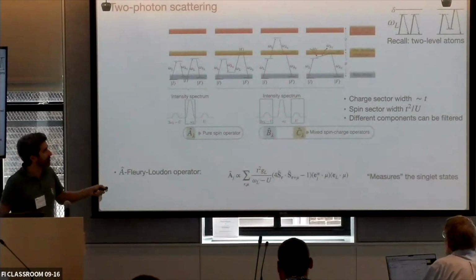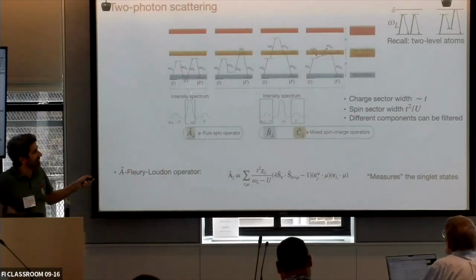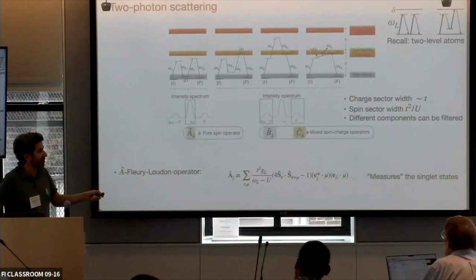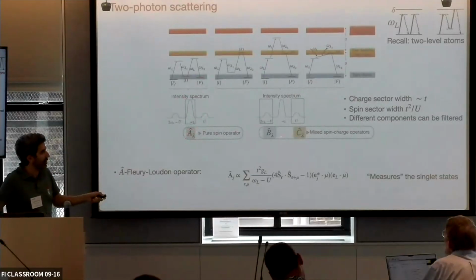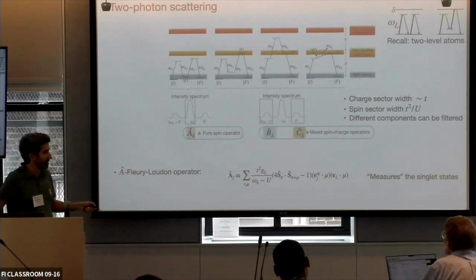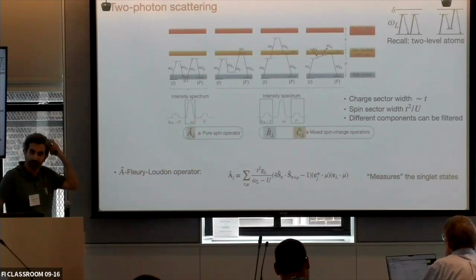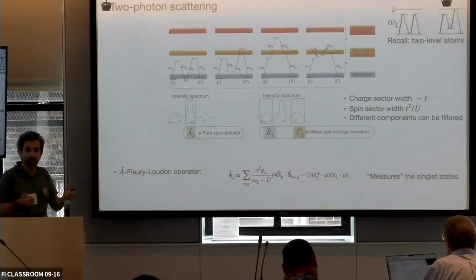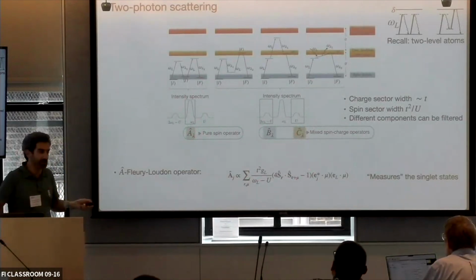During these processes, my photon is inheriting these matter operators: the A operator, the B operator, and then the C operator. The A operator is the one that I just introduced in the previous slide, because it doesn't happen if I'm not in the singlet state.